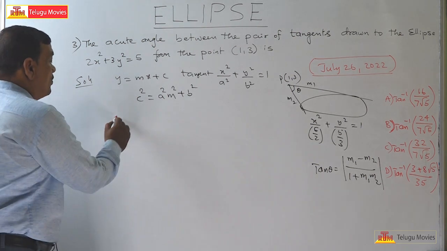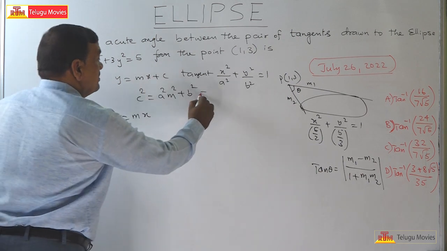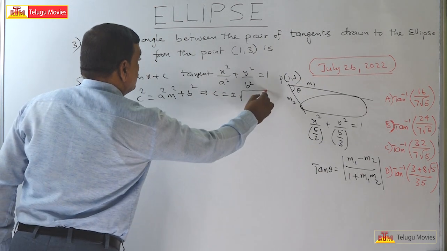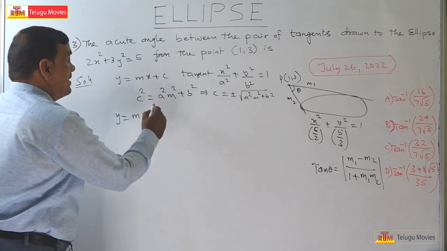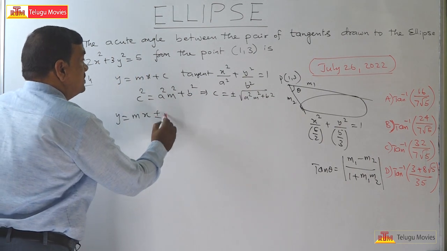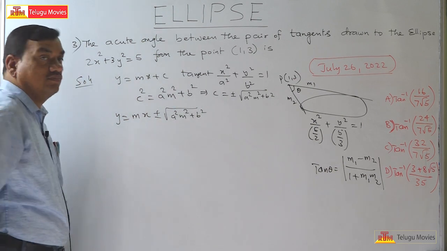Understand? So what is the equation of the tangent? Here c = ± √(a²m² + b²). So the tangent is y = mx ± √(a²m² + b²).